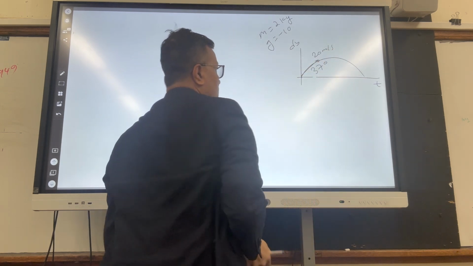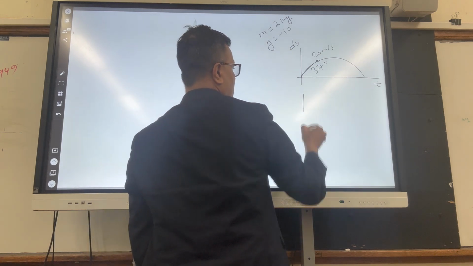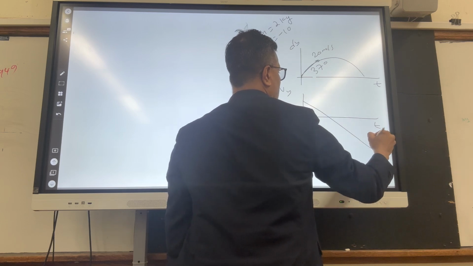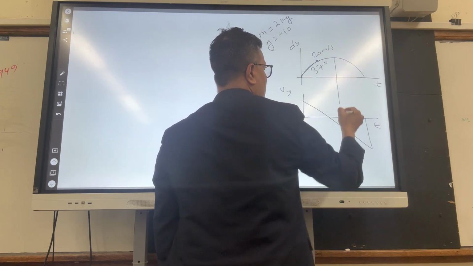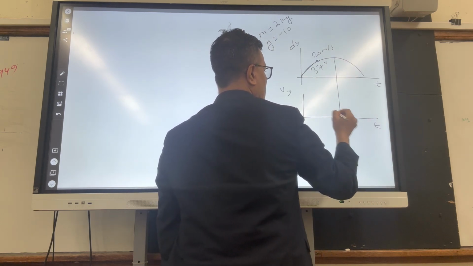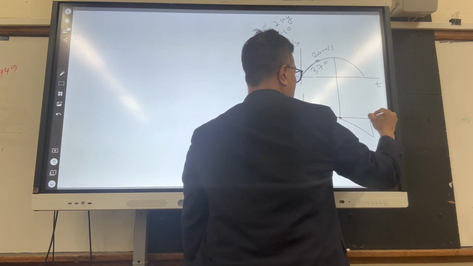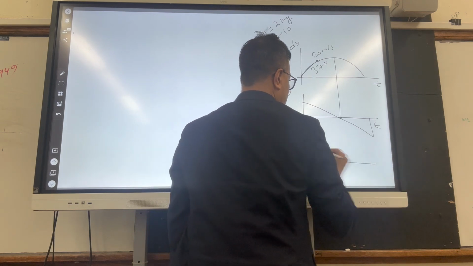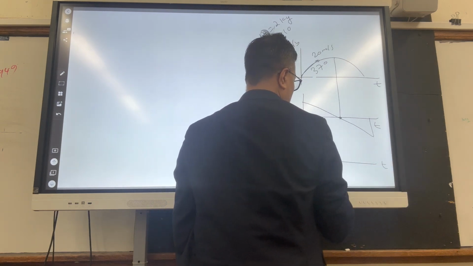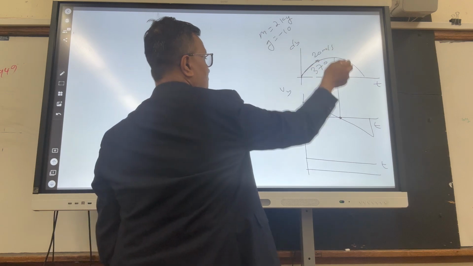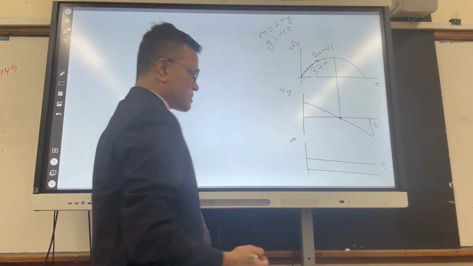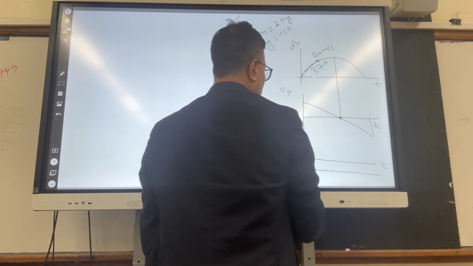Okay, so we're going to convert this one to a VT graph. The velocity is 0 over here. Okay, and then we're going to convert this one to an acceleration versus time graph. And acceleration, since it is free fall, well, you throw the ball in the air, acceleration can be nothing but negative 10.